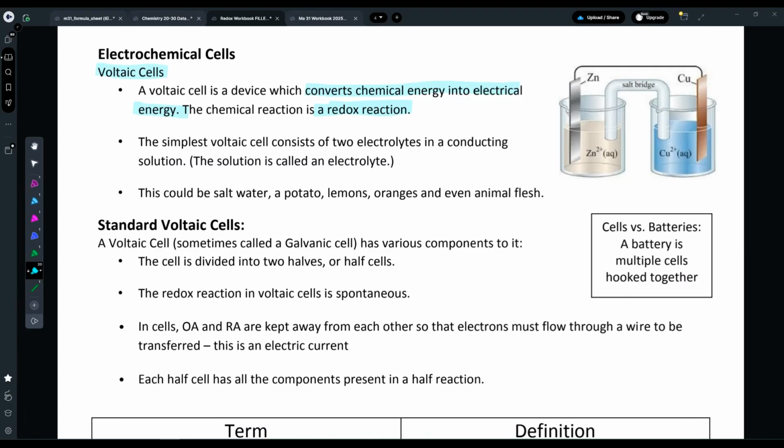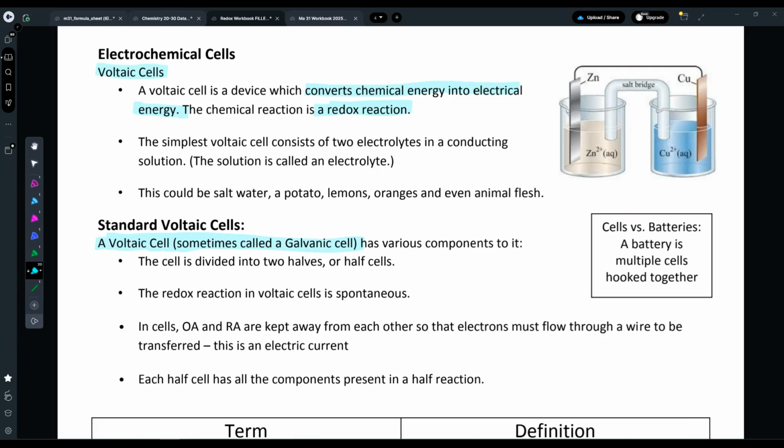Okay, so standard Voltaic cells are sometimes called galvanic cells, so you do need to know that Voltaic cells and galvanic cells refer to the same thing, and it has various components to it. So the cell is divided into two halves, or in other words, it's called half cells.